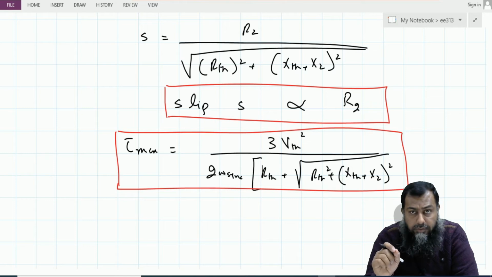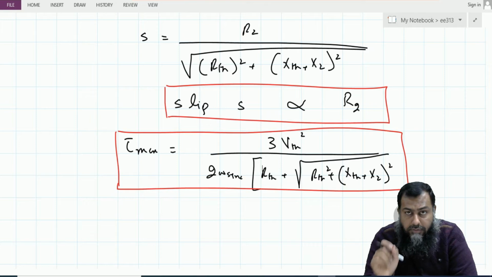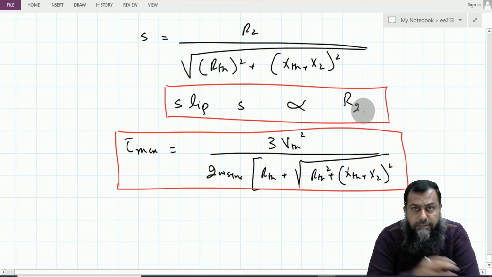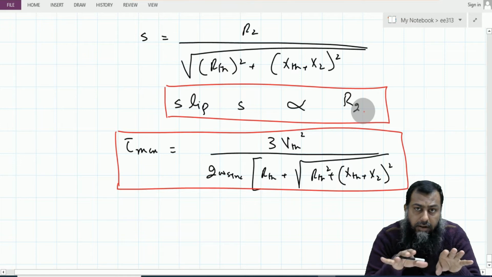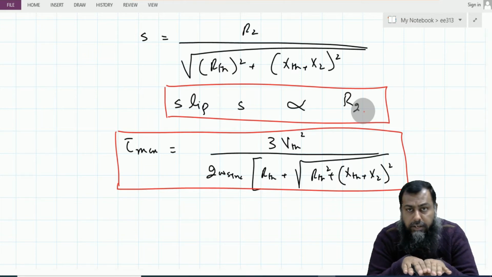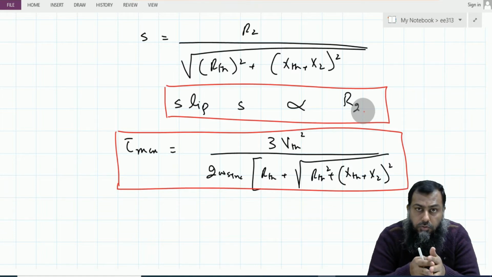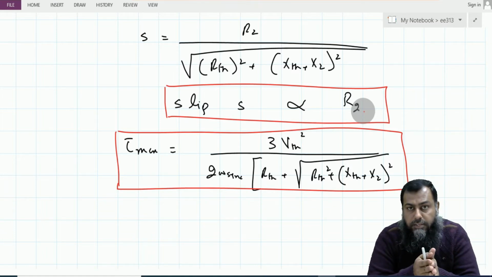The second point is that the slip corresponding to the maximum torque can be varied with this resistance R2. What does this mean? This means that without altering the maximum value of the torque, we can add external resistances to an induction motor to shift the maximum torque, or the pull-out torque, to lower RPM values as well.